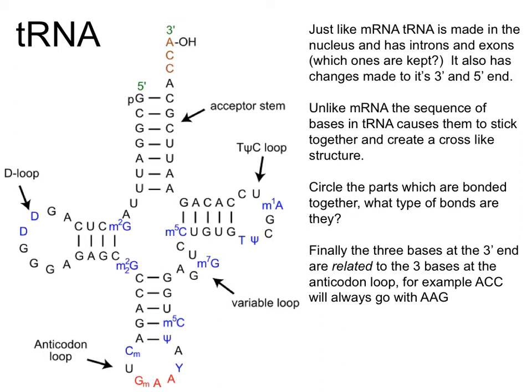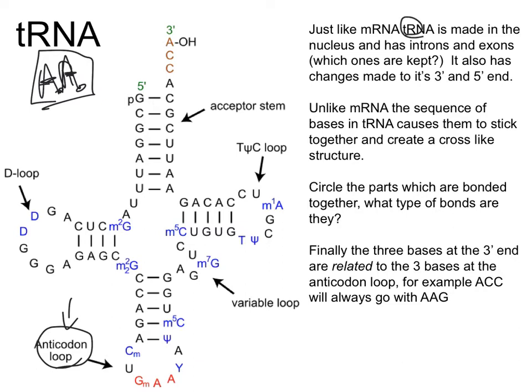In order for amino acids to be basically coded with mRNA, they need to be brought to the correct location and matched up. The tool that does this is tRNA, or transfer RNA.